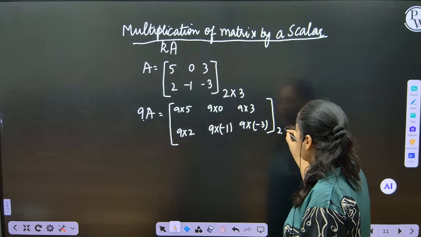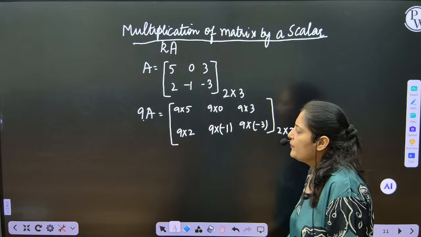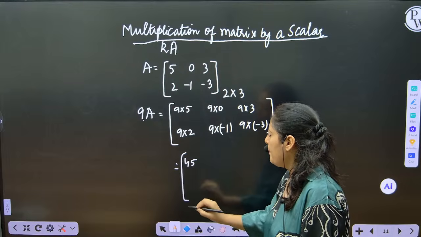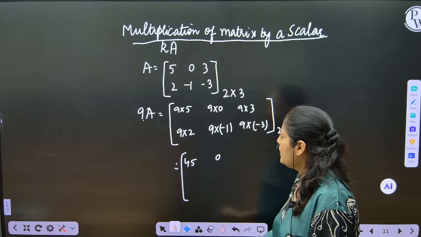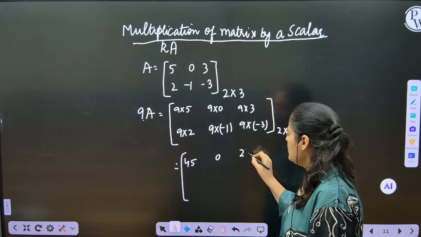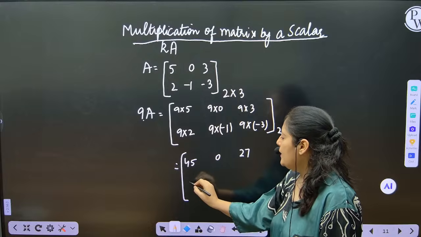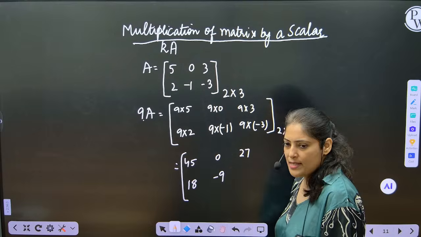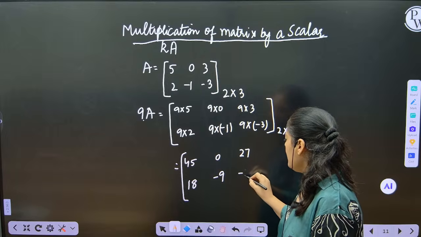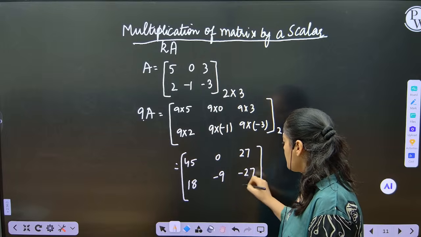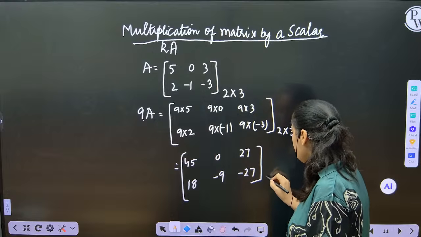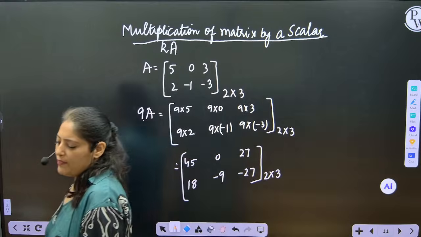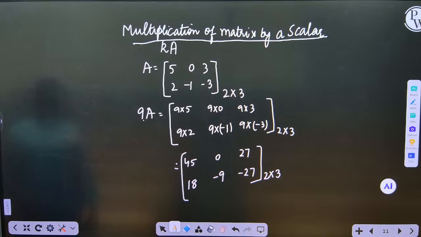Order will remain, of course, the same. 9 fives are 45, 9 zeros 0, 9 threes are 27, 9 twos are 18, 9 minus 1s are minus 9, 9 threes are 27, of course the minus sign will come. Okay, so order will remain the same.